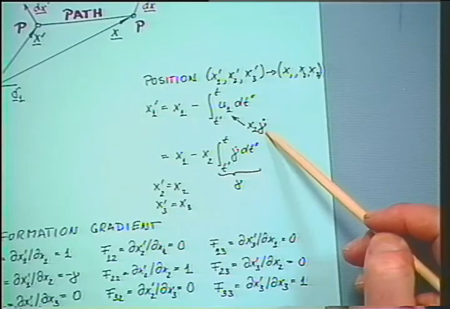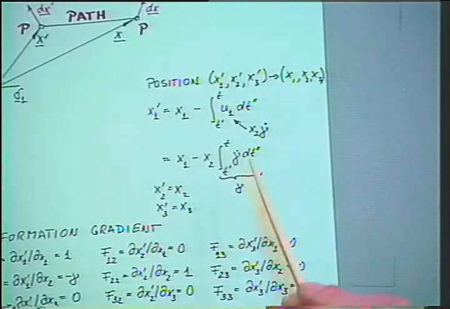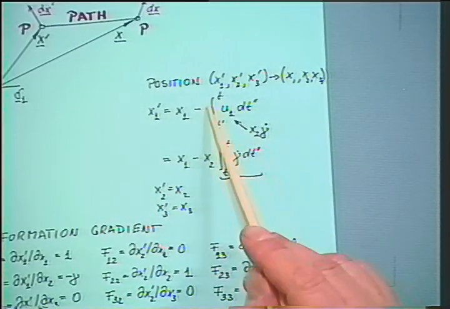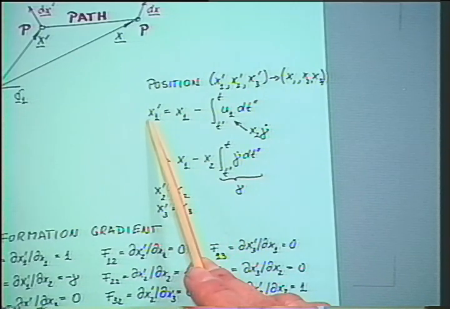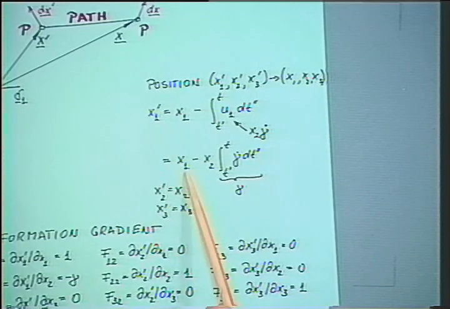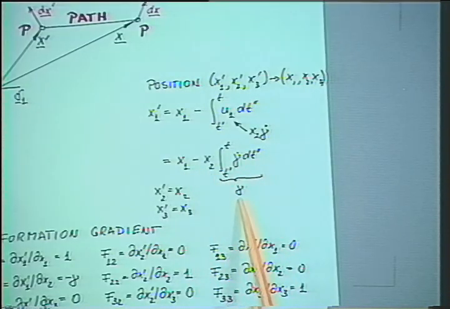Let's say we know the shear rate. So x2, the position in two directions, stays constant during this deformation. We can pull x2 outside. And we just know now that x1 prime is equal to x1 minus the path, which is x2 times gamma, the total strain in that shear experiment.